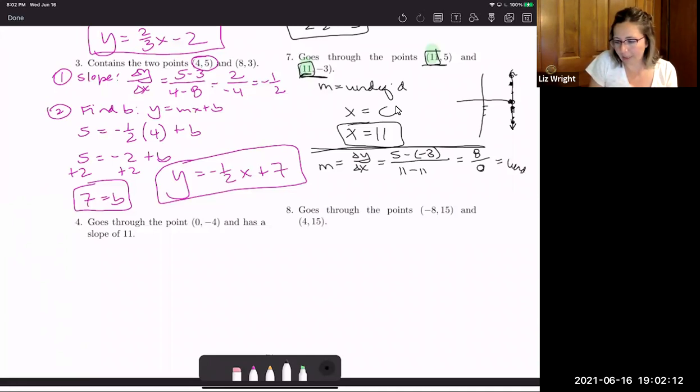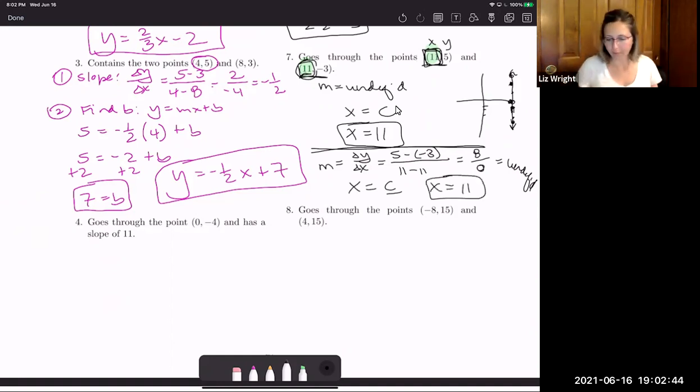You would get to this point and say, okay, an undefined slope, which special line is that? That's a vertical line, where our guy is yelling undefined words, because he's following the vertical line. Then you go through the process of, oh, it's x equals some constant. Which of my values is repeating, and in what position is it? Is it in the x or the y? It's in the x position, so it's going to be x equals 11. So that's another way to go about it.